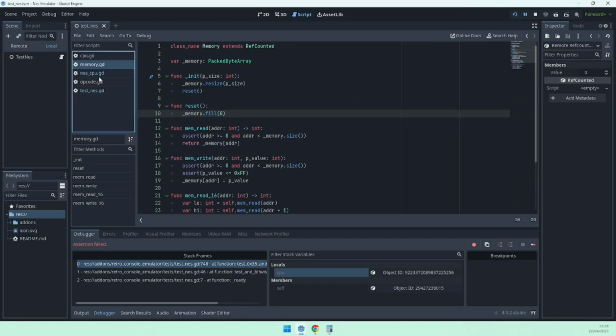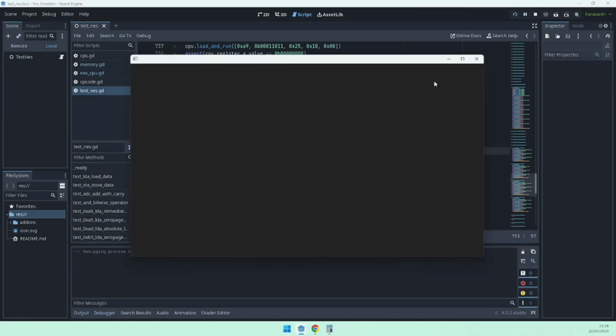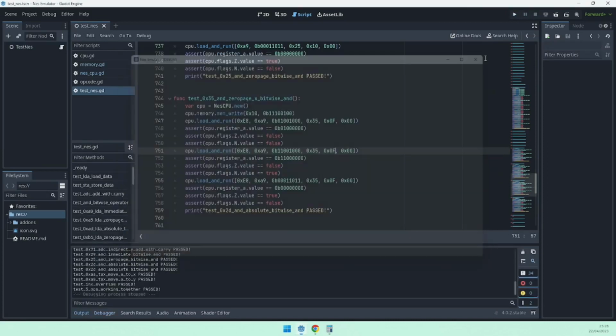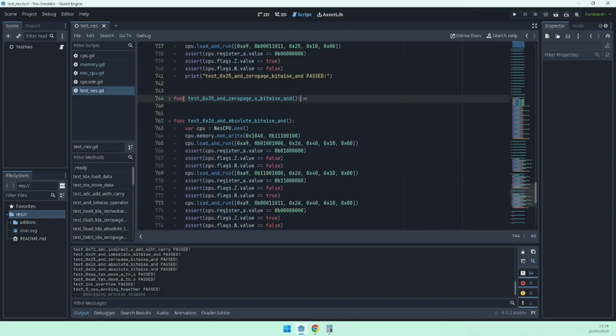Okay. Increase X. Loads the value of always, and then instruction 35, 09, right, because it's not 09, it's 0F. I keep thinking in decimal. Stupid. Okay, now it passes. Move on.